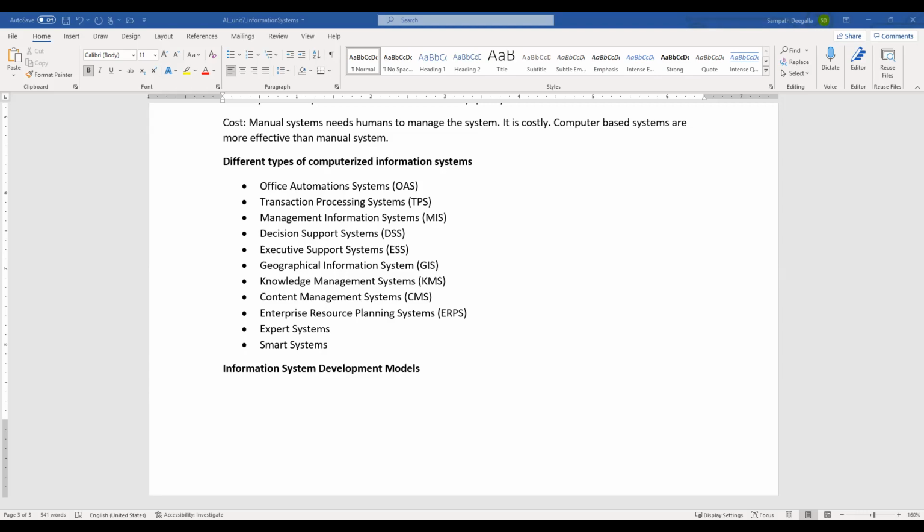Okay, first of all, we have to talk about different types of models, right? Let's write down system development life cycle models, right? Under this one, system development life cycle, we call SDLC. If you see this SDLC, it means system development life cycle models, right?